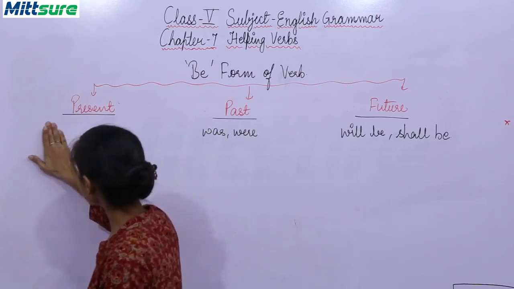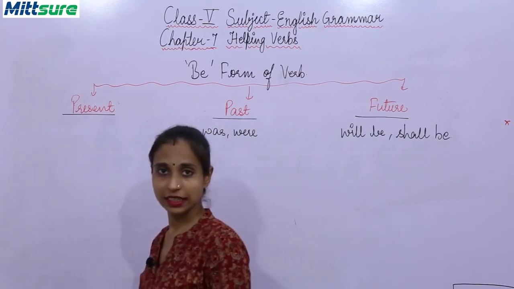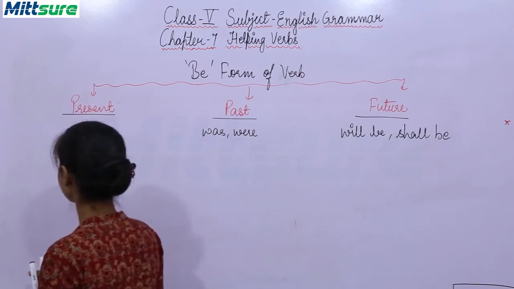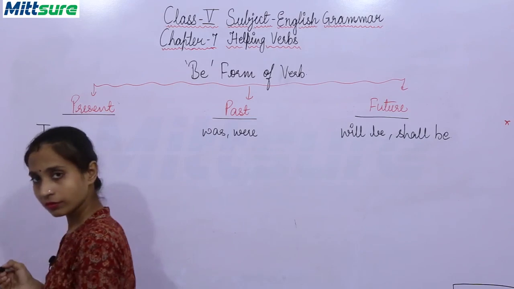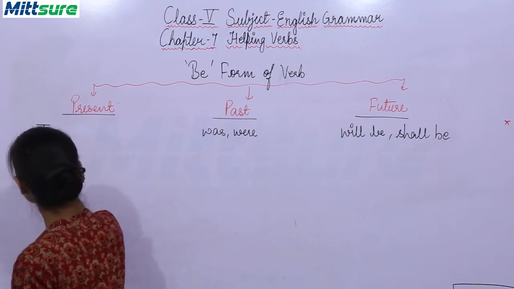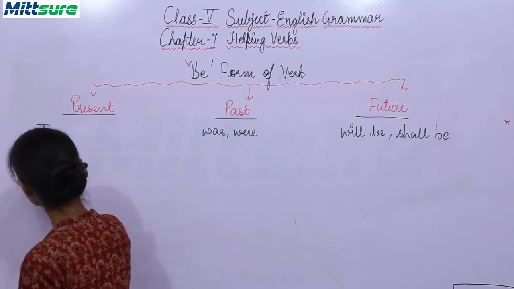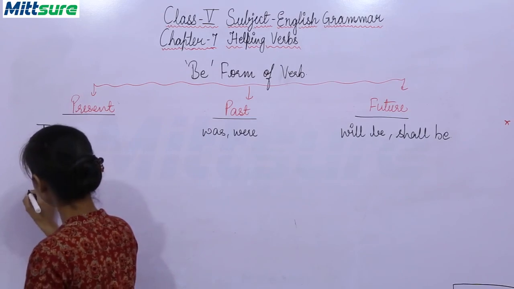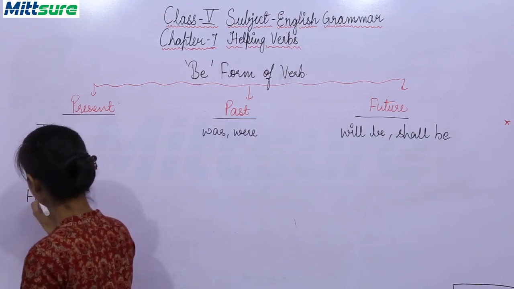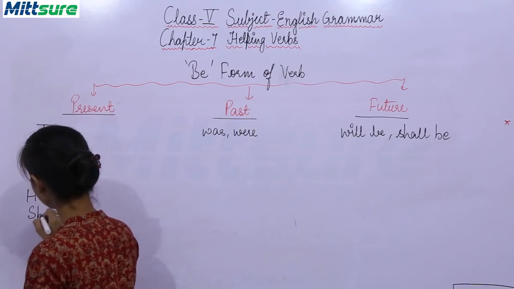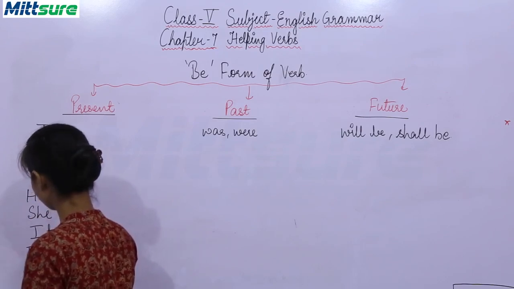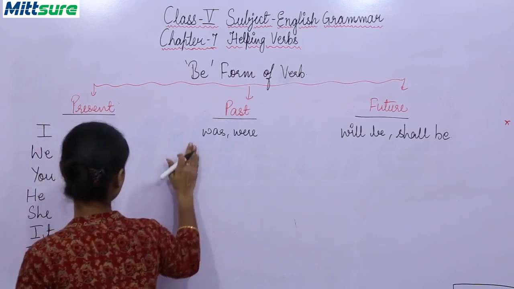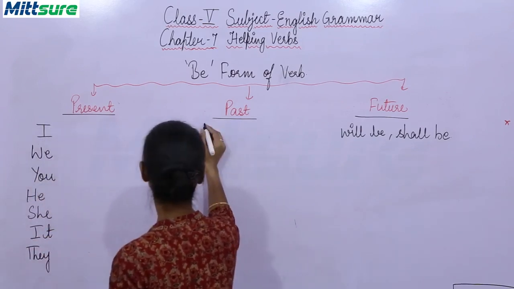What are the subjects which we study normally? They are I, we, you, then he, she, it, and they. Here also we are going to write the same.